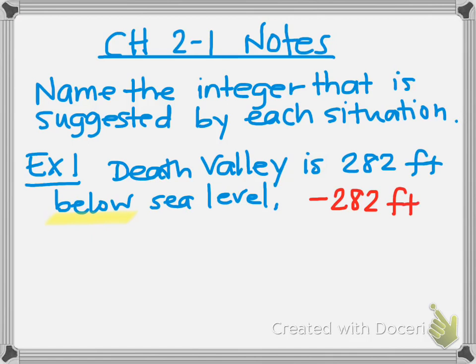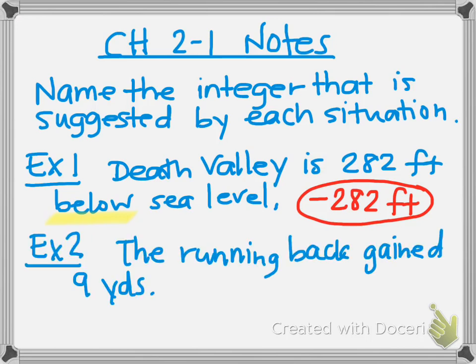So the integer that would represent that situation is -282. Example 2, the running back gained 5 yards. So that would be a positive integer, and that would be +5. Or you can just write 5, because it's positive automatically.